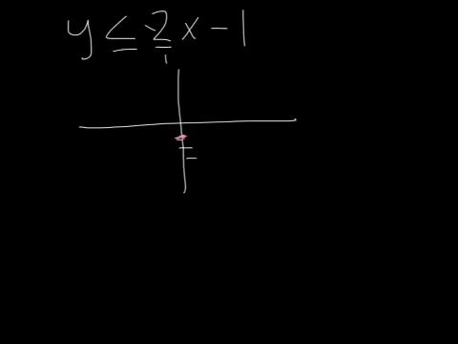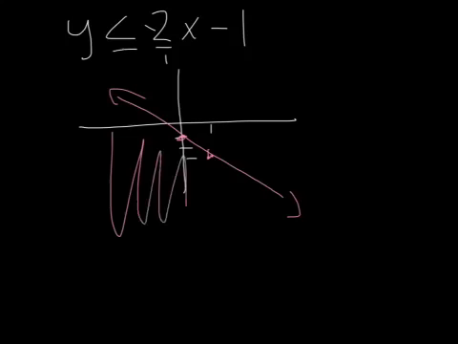So I'll go down 1, 2, to the right 1, and I have my second point. And I have an equal to sign under the less than, so I'm going to draw a solid line, and because we are less than, I'm going to be shading below the line.